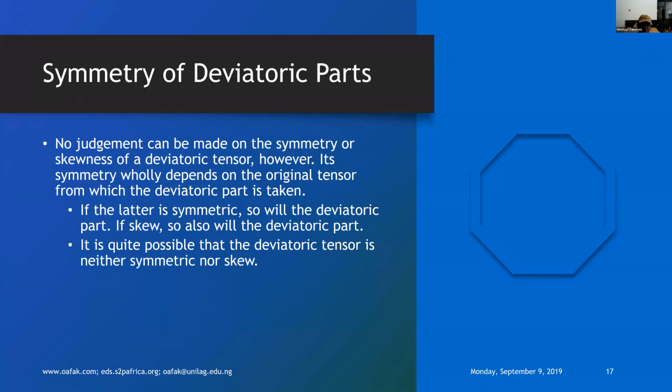Its symmetry wholly depends on the original tensor from which the deviatoric part is taken. If the latter is symmetric, so will the deviatoric part. If it is skewed, so also will be the deviatoric part. It is quite possible for a deviatoric tensor to be neither symmetric nor skewed.